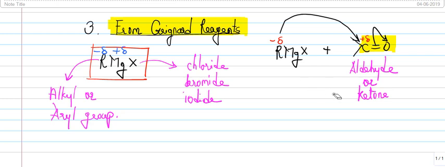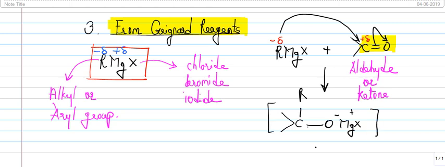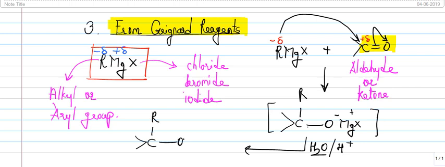You get, I can put a single arrow, C, O minus MgX plus, and you have R here. This is an intermediate, and this intermediate is hydrolyzed using a dilute acid. Hydrolysis would produce C, R and OH. This is going to be an alcohol, and this here is called hydrolysis.